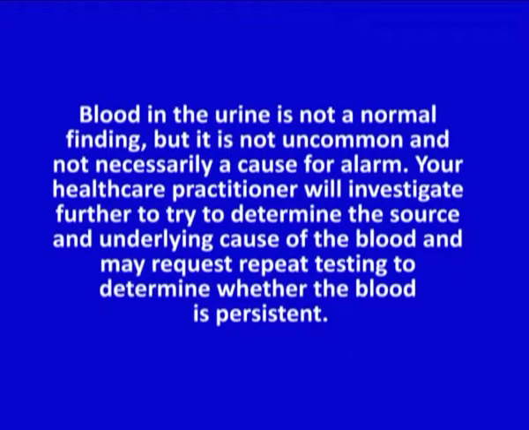Blood in the urine is not a normal finding, but it is not uncommon and not necessarily a cause for alarm. Your healthcare practitioner will investigate further to try to determine the source and the underlying cause of the blood and may request repeat testing to determine whether the blood is persistent.